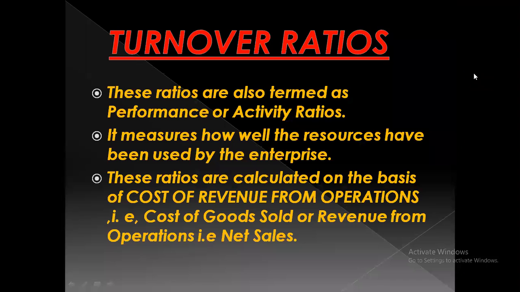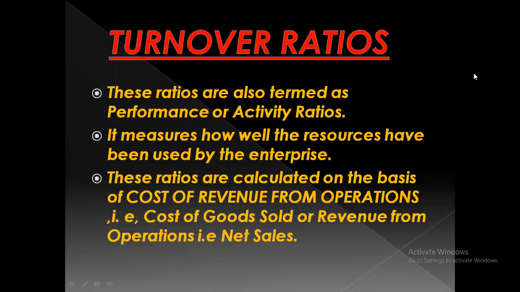Now, turnover ratios. These ratios are also known as performance ratios or activity ratios. These ratios are measured to know how well the resources of the firm are being used by the enterprise.